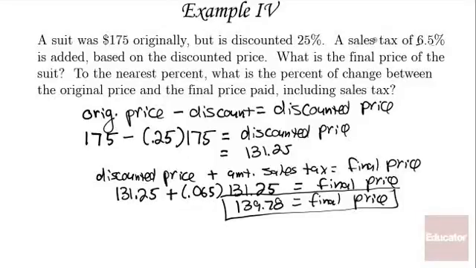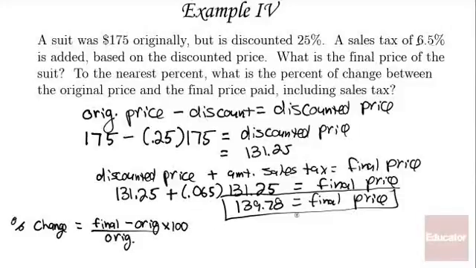Now they want me to calculate percentage change. And remember, I'm going to calculate percentage change using my formula involving the final value minus the original value over the original value times 100. So I go back and I look, I have my final price and I have my original price was $175.